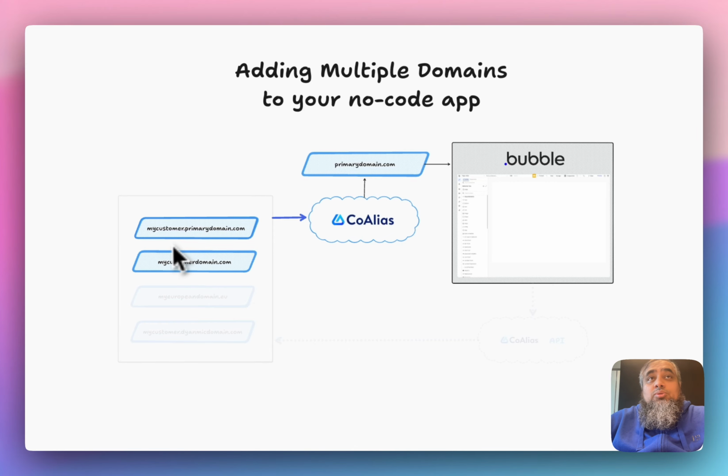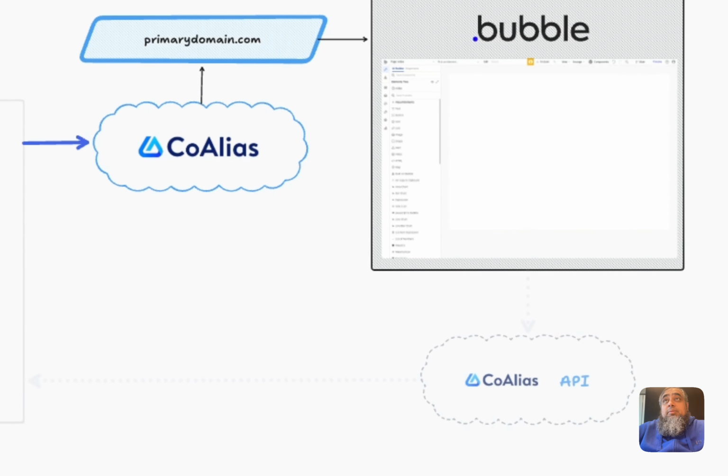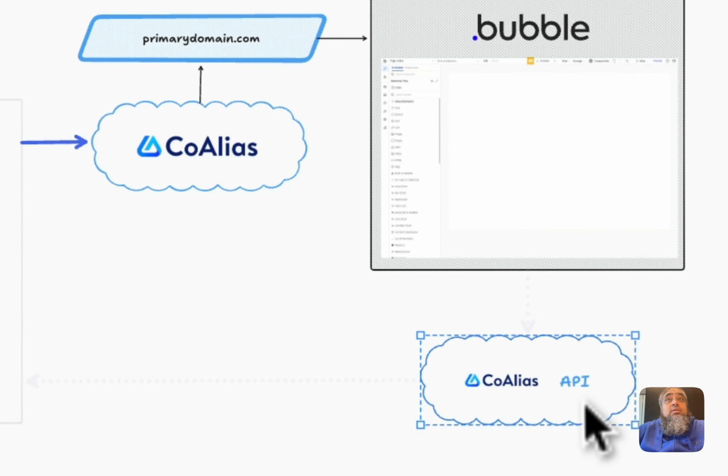Another thing that you can do with CoAlias is if you want to automatically add new domains, you can call the CoAlias API. The API has been designed in a way that, if you're using Bubble, we have a plugin, but if you're using another no-code app, you can just call the API.